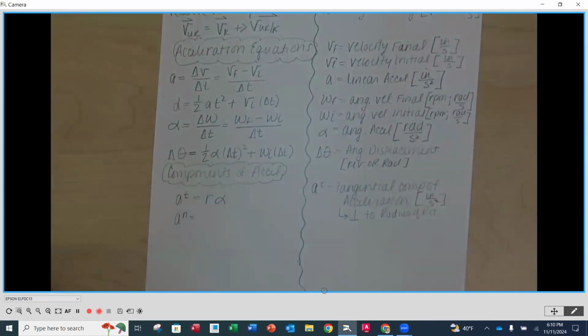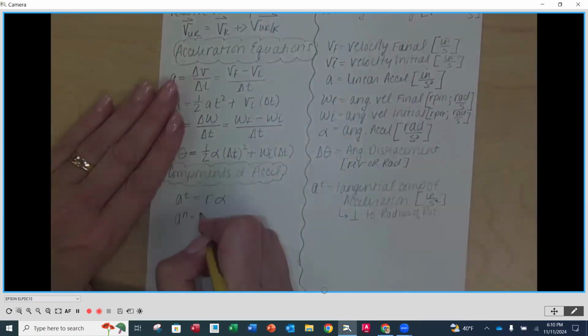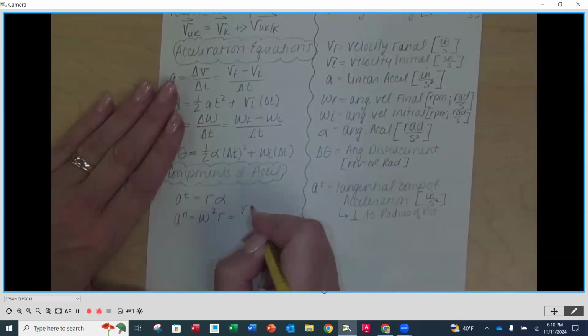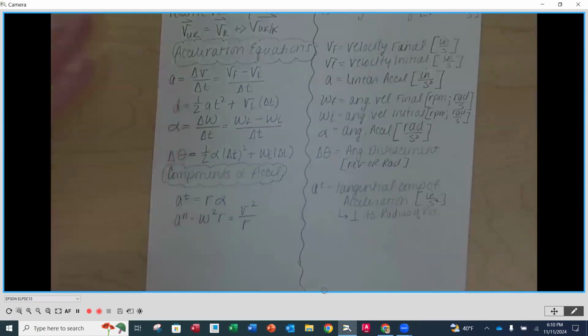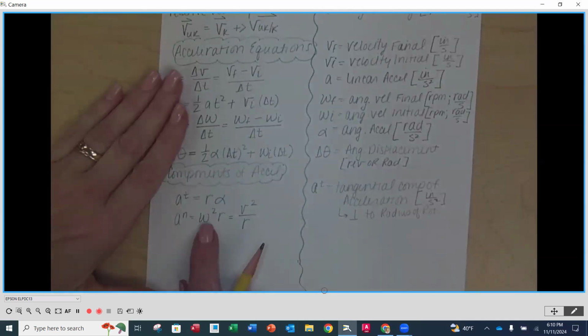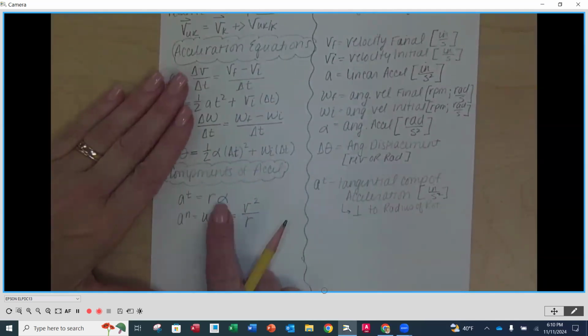Now, our other component of acceleration is going to be the normal component of acceleration. And that can be either angular velocity squared times its distance from the center of rotation, or the velocity of that point squared, straight line velocity of that point squared, divided by its radius back to the center of rotation. So radiuses are above already, W's are above, V's are above, alpha is above.